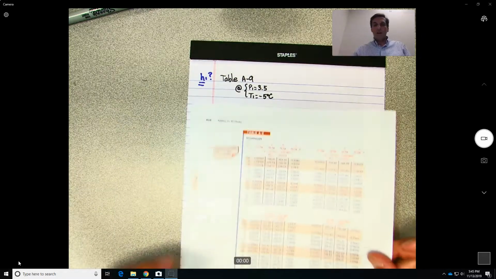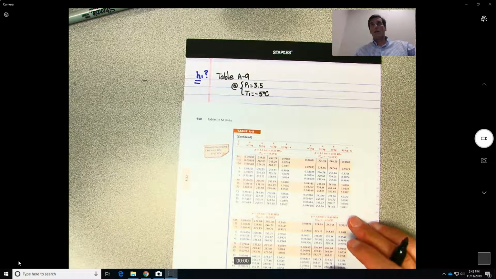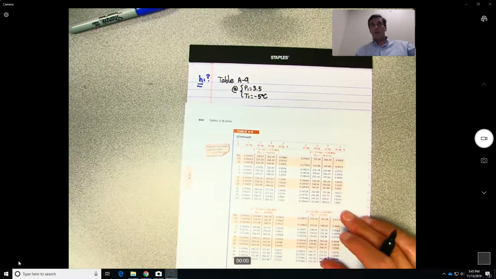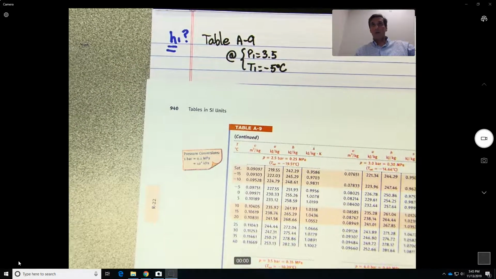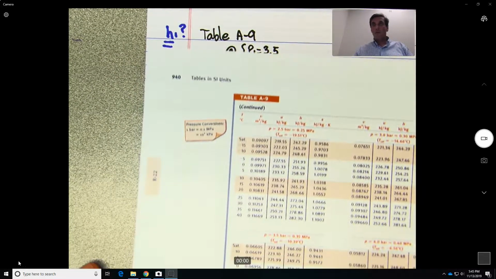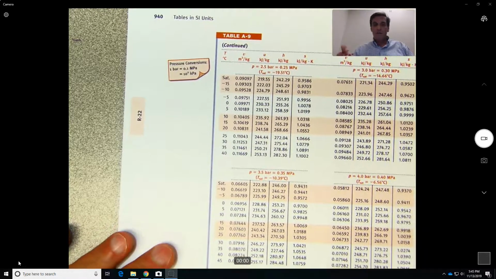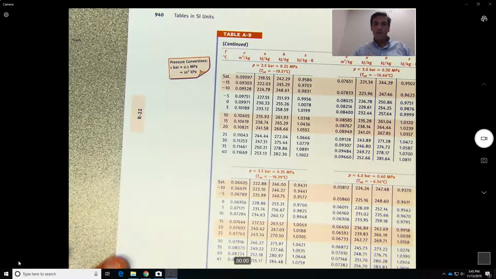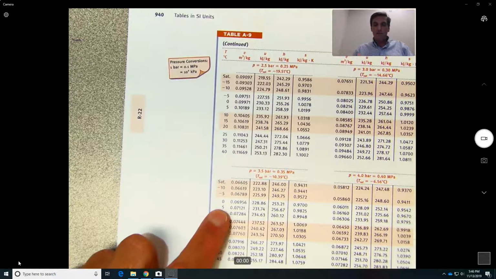So if we go to table A9, let me zoom in a little bit. For 3.5, it's not that clear. So 3.5 and a temperature of minus 5.